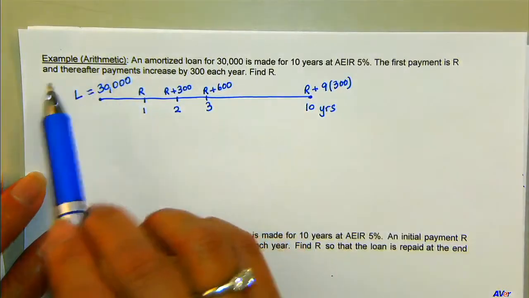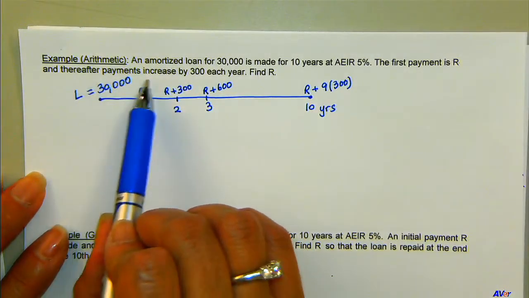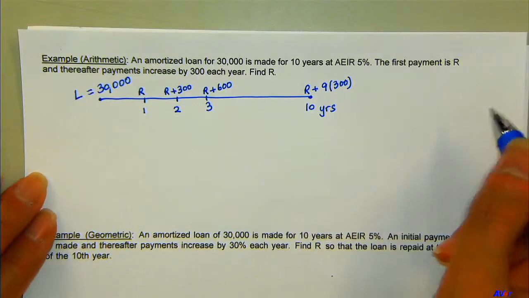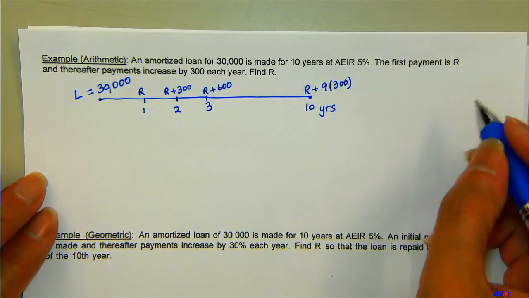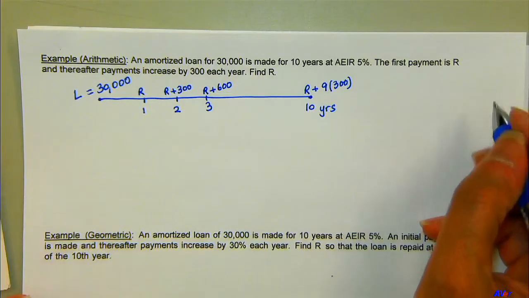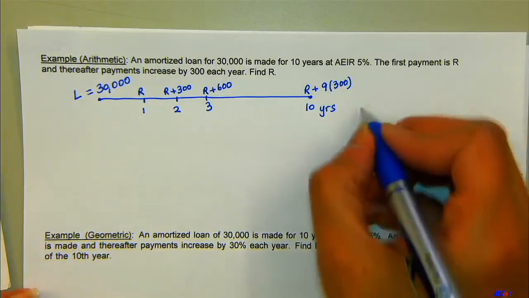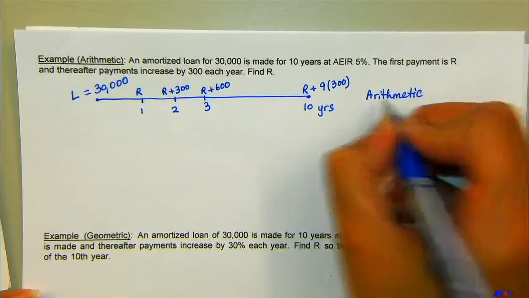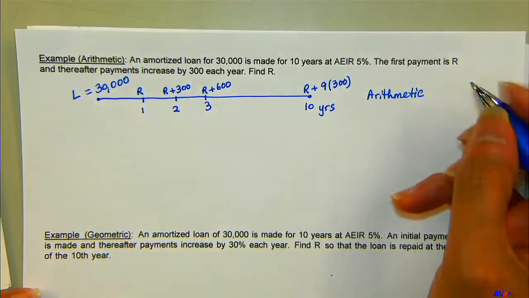And what do they want? Find R. What do you say? Present value? What kind of annuity is this? Arithmetic. So present value of arithmetic annuity is given by what formula?